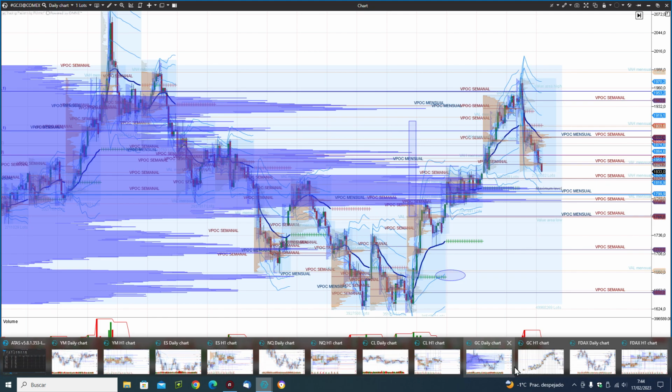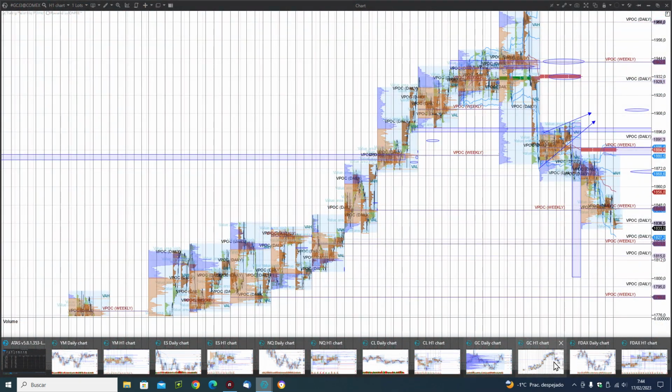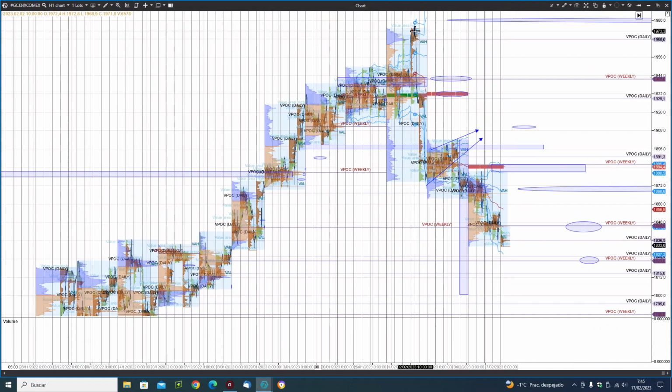1,800. Let's see it on the 1 hour time frame. We talk about this possible second leg of this movement. First leg, correction, pullback, and continues, where the main target for me is 1,822, but we have seen in the last graphic that 1,800 is the final of the second leg, and we are here in a high volume node.